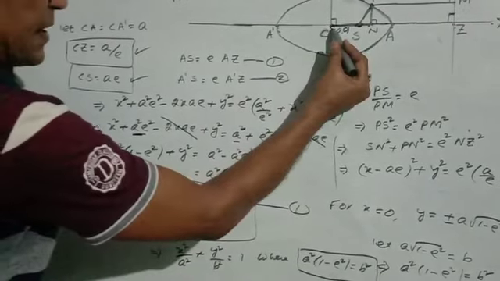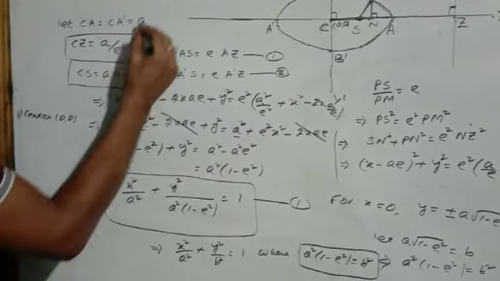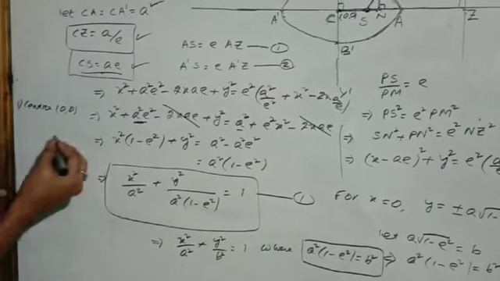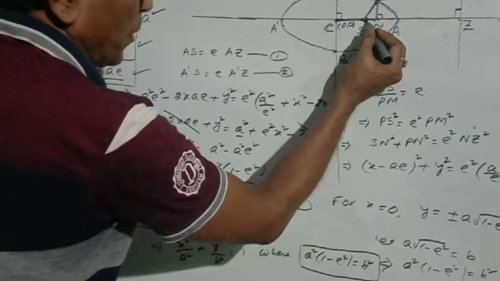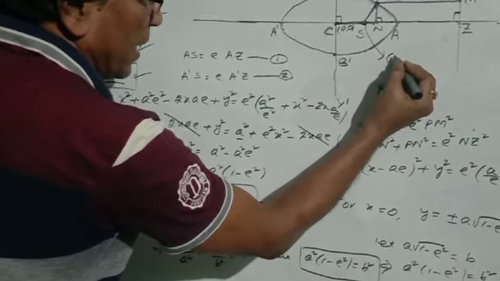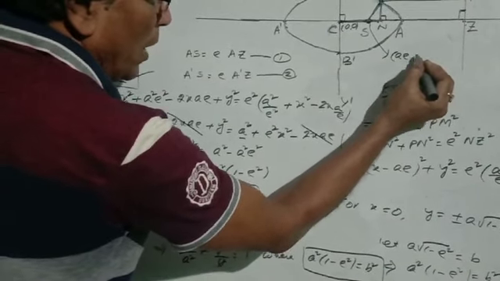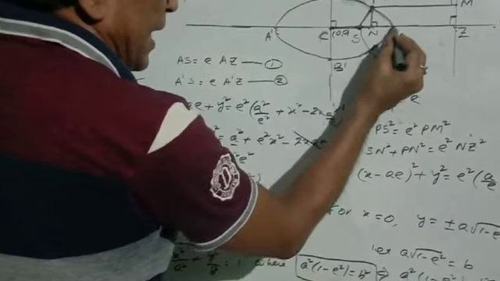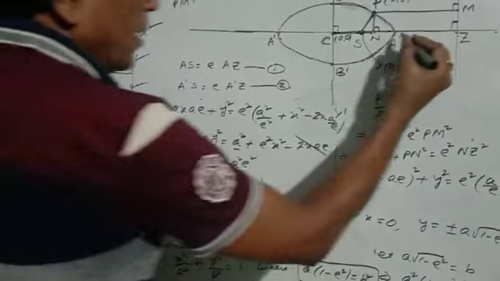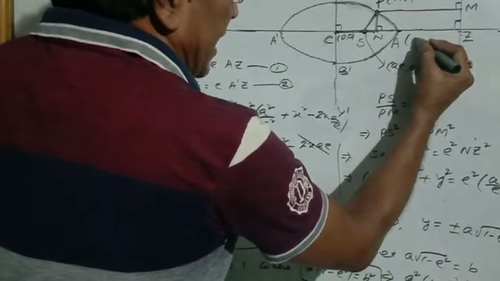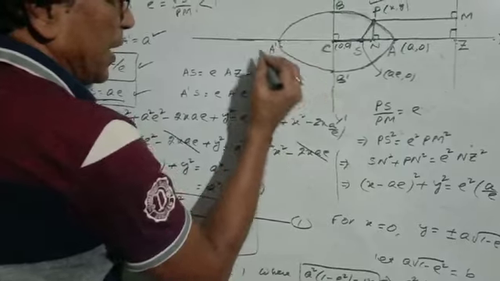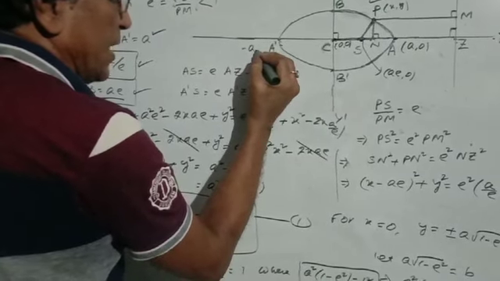So the CS distance is equal to a e. What are the coordinates of point S? The S point coordinates are nothing but a e, 0. Since the CA distance is equal to a, this point A is a, 0, and the coordinates of the point A dash is minus a, 0.